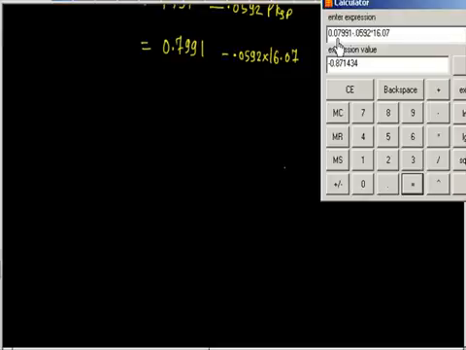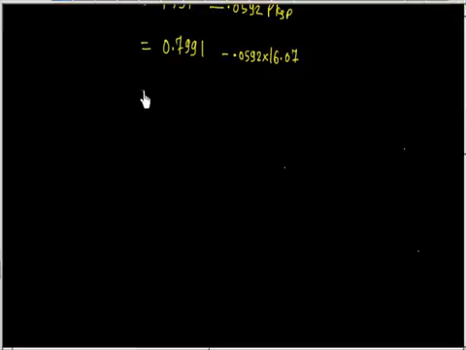Basically I have made a mistake, this is not 0.07, this is 0.7. So this is minus 0.152 volt. Are you getting?